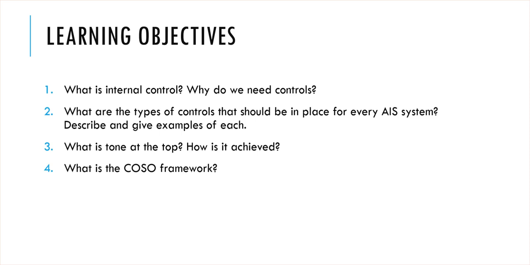The COSO framework, the book in Gleim, talks about it in greater detail, and it talks about who's responsible for what within an organization. I think that's really good discussion there as you're reading through the Gleim materials. Then how do you achieve it, or when do you think you have achieved a good tone at the top, and what does that look like? And then lastly, of course, is the COSO framework, and that you get mainly from going through the outline and reading about what COSO is and what the framework is in Gleim.